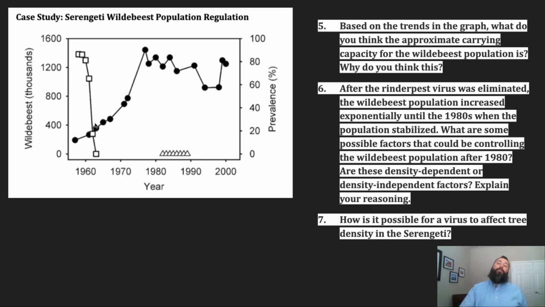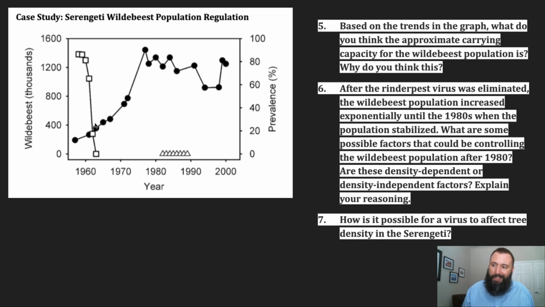So if you increase the population of wildebeest, you're decreasing the population of the grass, the flammable grass. Because we've got less fuel for the fire, we're decreasing fire, and as a result, we increase tree density because, well, trees aren't now being controlled by fire. If we take away the fire, then we increase the trees.